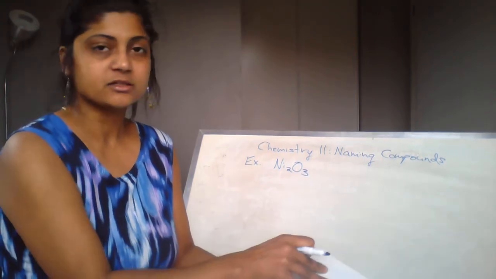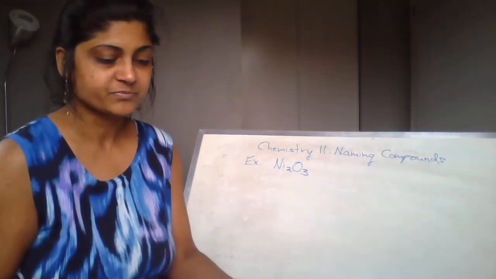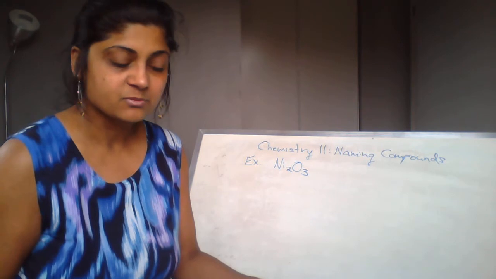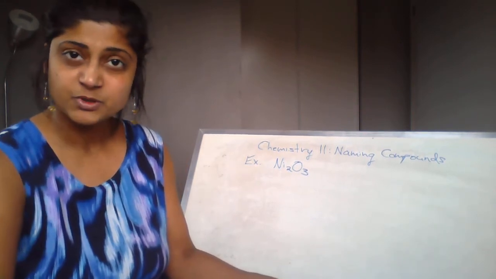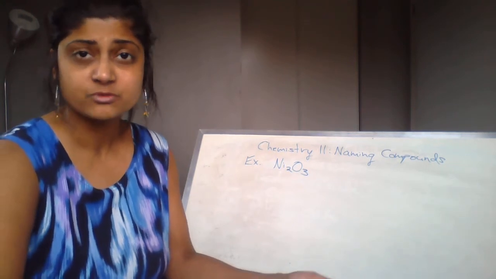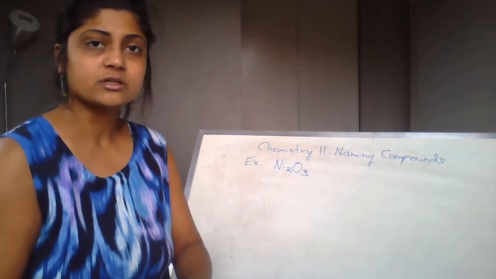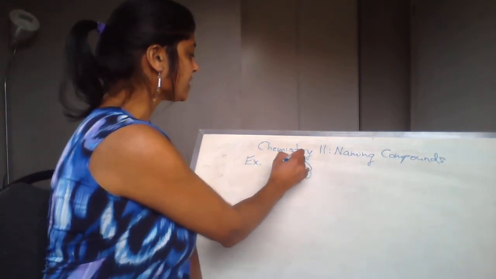Instead of using the crossover method, what we're using here is the reverse crossover method. Make sure you're using a periodic table where the charges are given. So if I look in the periodic table at the back of the textbook here, nickel has two charges. It is 2+ and it is 3+. So in this case here, this 3 is actually coming from the nickel.